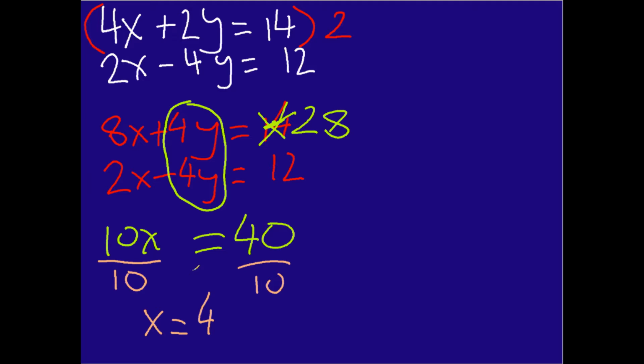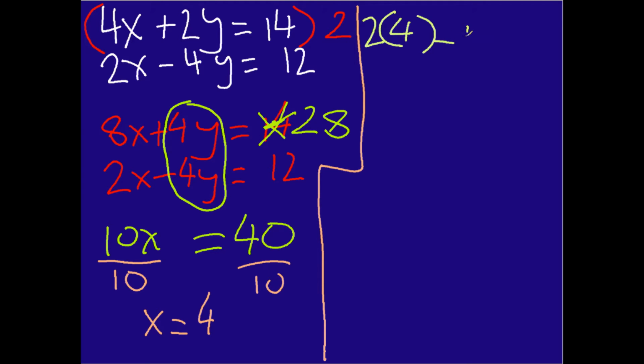Now, to solve for the second one, all you do is this. Let me just draw a line right here so that I don't get anything confused. What we need to do now is take the 4, and plug it into the second equation. So what that leaves us with is 2 times 4 minus 4y equals 12.